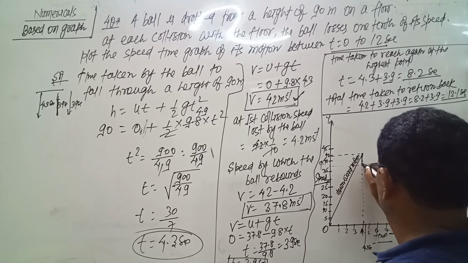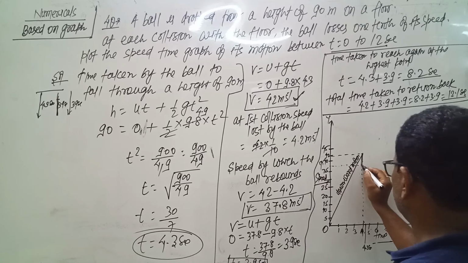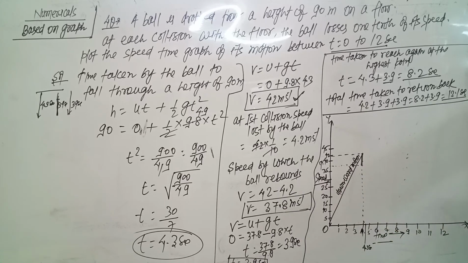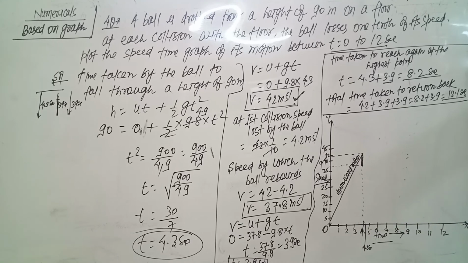When it strikes the ground, it loses 1/10 of its speed, and now it will cover the upward motion in 3.9 seconds, meaning a total of 8.2 seconds. It again reaches the highest point.